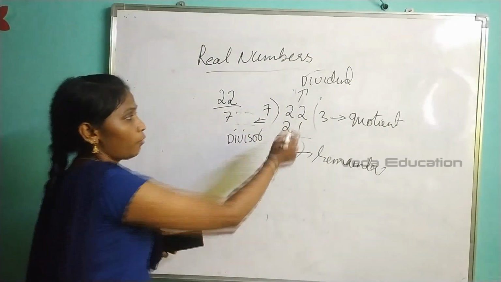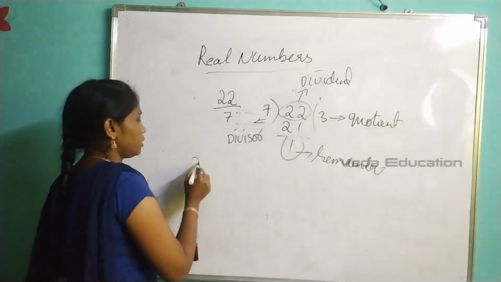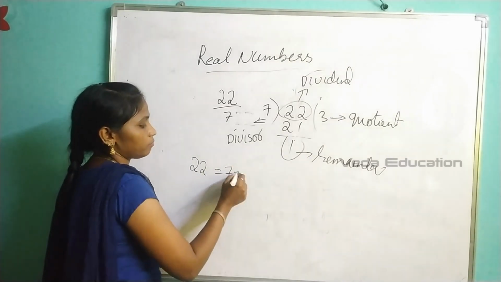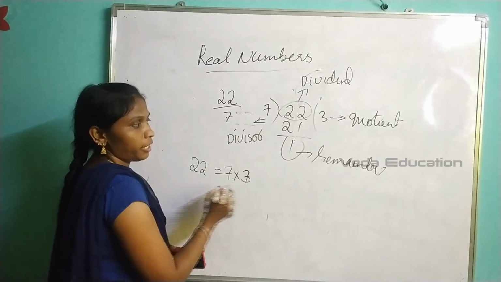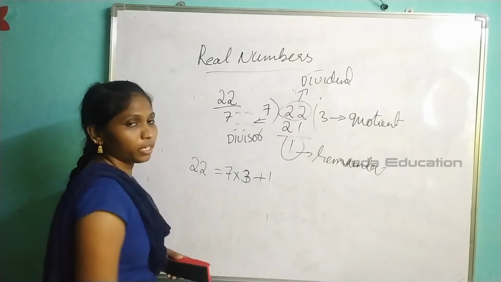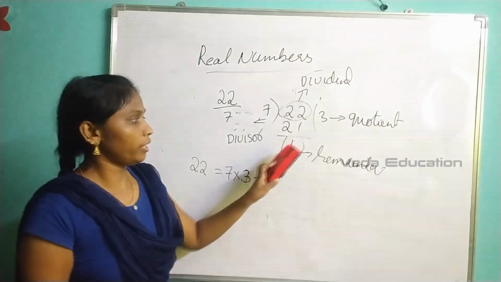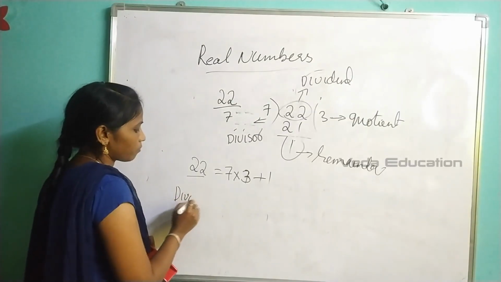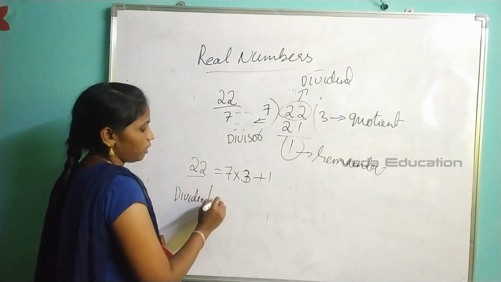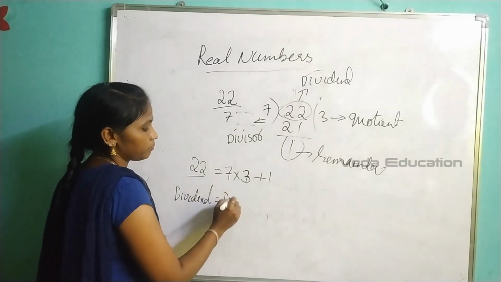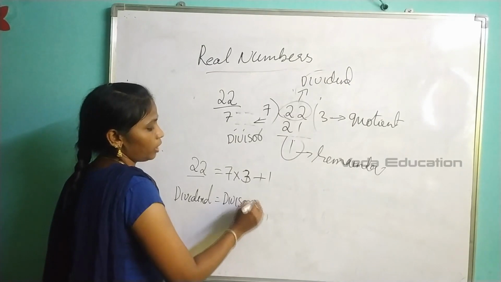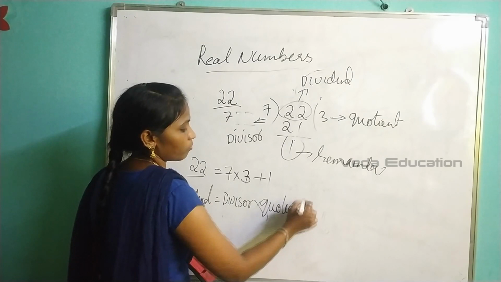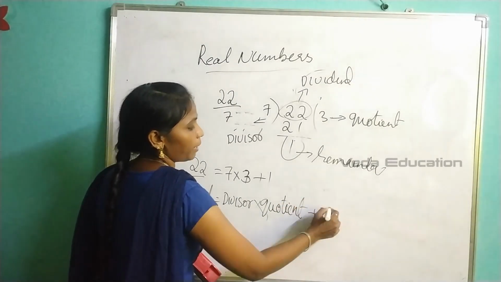Now check how to get this 22. 22 equals how many times 7? 7 3s are 21, and what is left here? 1. So 7 3s are 21, and 21 plus 1 is 22. So this is the dividend, equal to the divisor into quotient plus remainder.